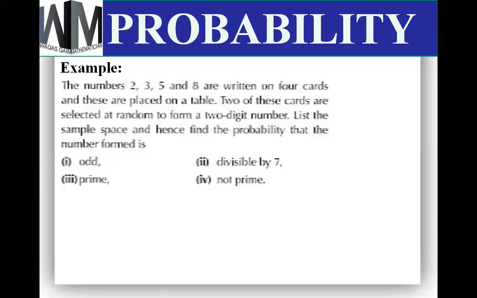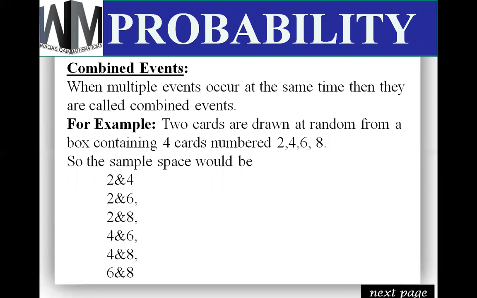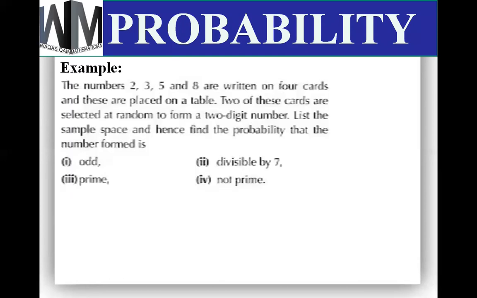No, Furkan, that must be more than six. Hamza, we are making a number here, so there should not be a comma between 2 and 3, and not "and". So if someone picks 2 first and then 3, it becomes 23. So we are going to form our number here. In the last example, we just picked our two cards. We did not form a number. And in this one, we are forming a number.